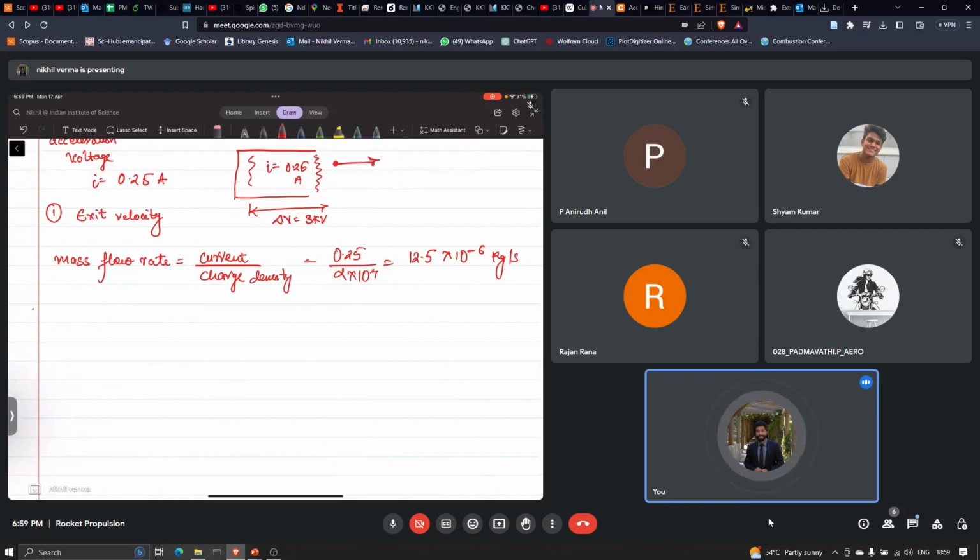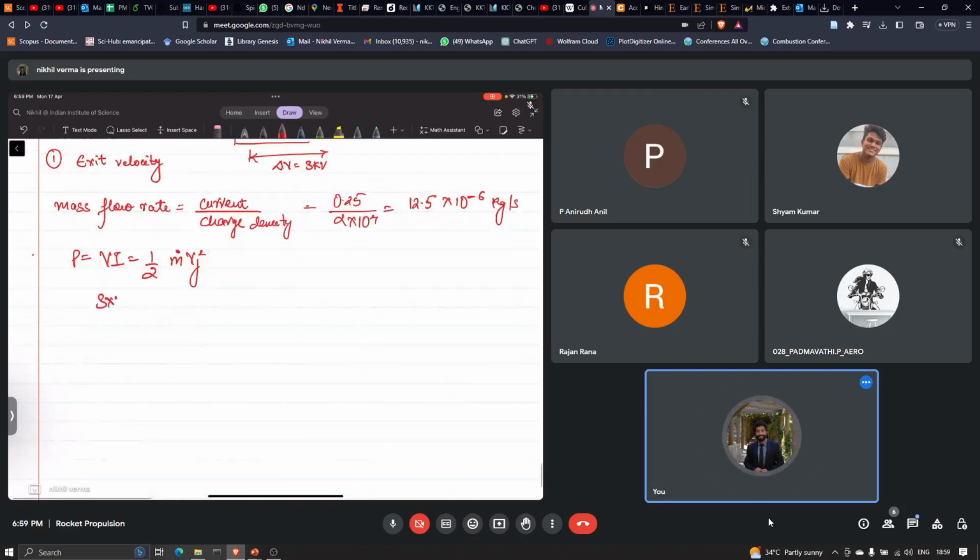Okay, so now we have to equate the energy that is being supplied, that is the power, which is V into I, and it will be equal to half m dot vj square, right?